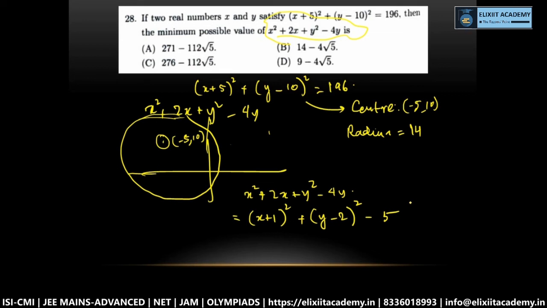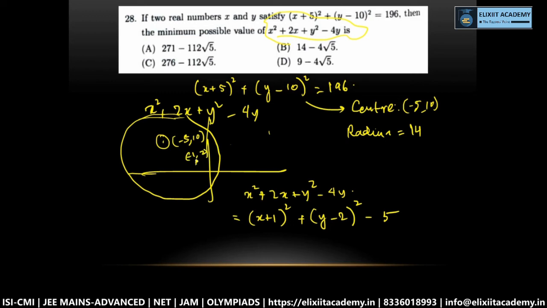And for this point we shall find the shortest distance of this point from the circle. Let's say somewhere over here you have minus 1 and 2.